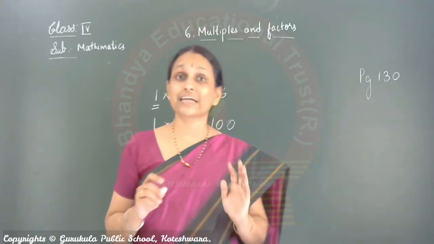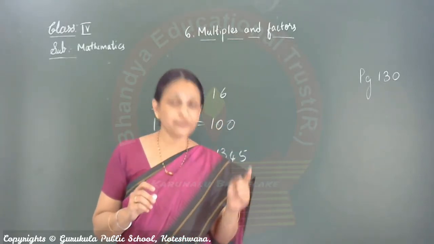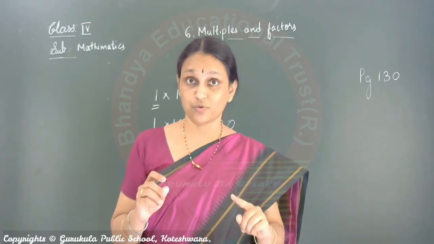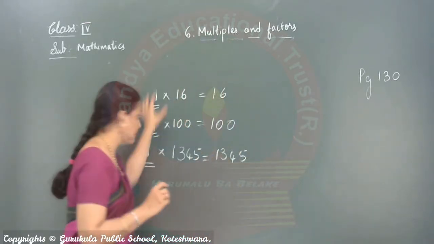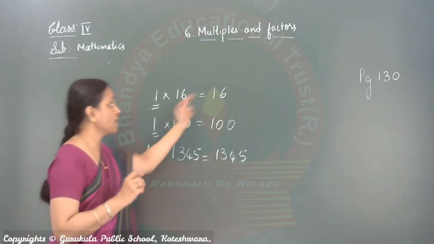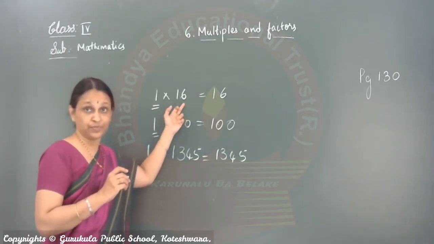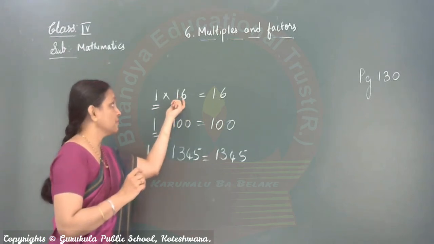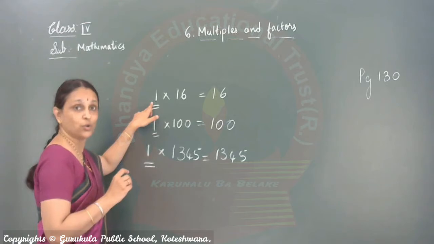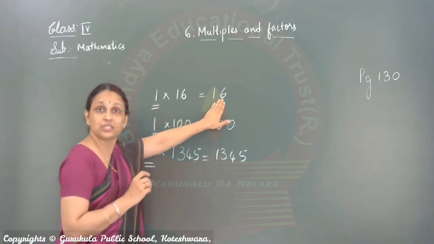Now come to the second property. Every number is a factor of itself. Just observe in the same example, children. When you have a number in the factor place, you multiply by 1 only, and you will get the answer.